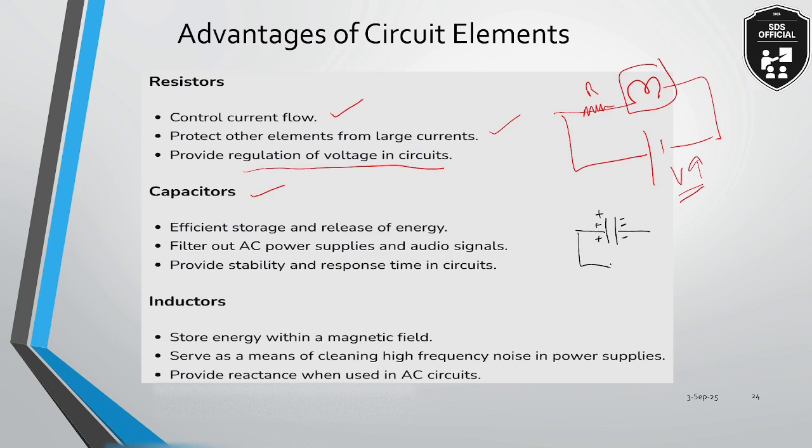Now, if you connect or short it with the resistor, it will release energy. How? In the form of current. Whatever strength it is having, it will release energy in the form of current and current will flow from the positive terminal to the negative terminal, and there will be a voltage drop across this particular resistance according to the expression V is equal to IR. Any doubt, beta?